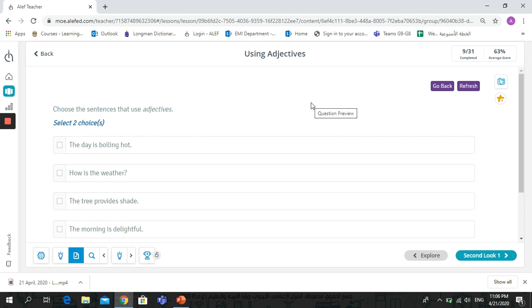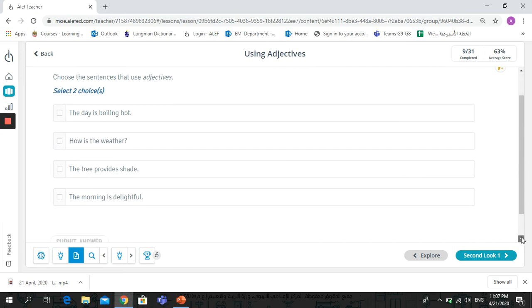Okay. Choose the sentence that uses adjectives. Which sentences use adjectives? An adjective is a word like hot, humid, cold, expensive, dry. So all these are adjectives. Let's read the sentences together and guess, are there adjectives or not?